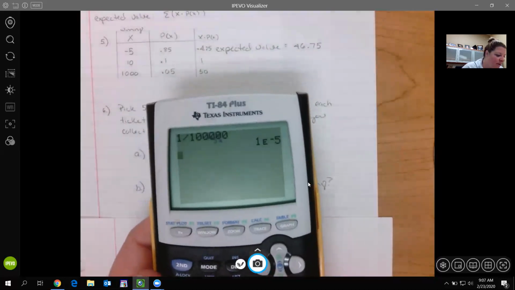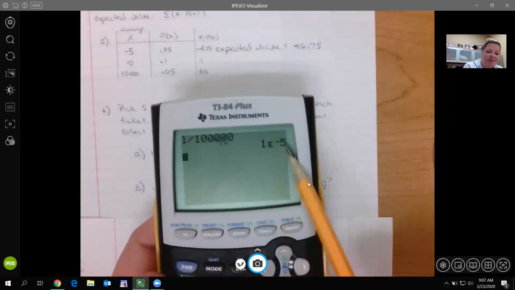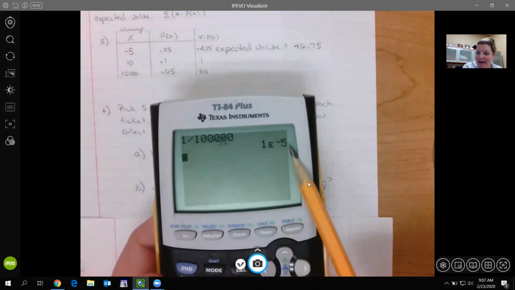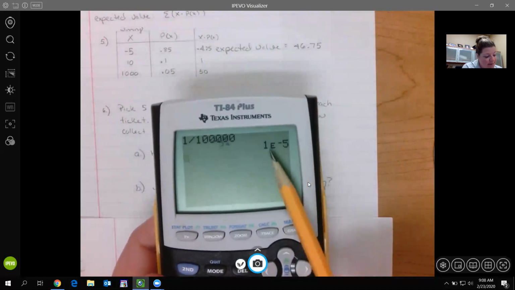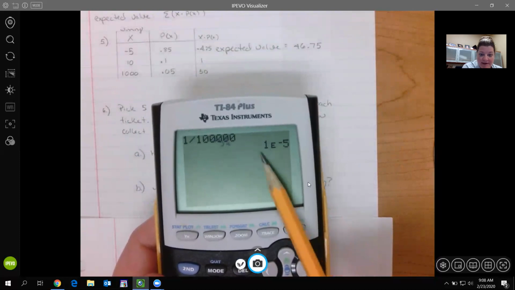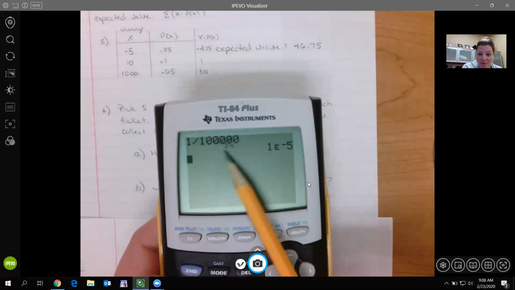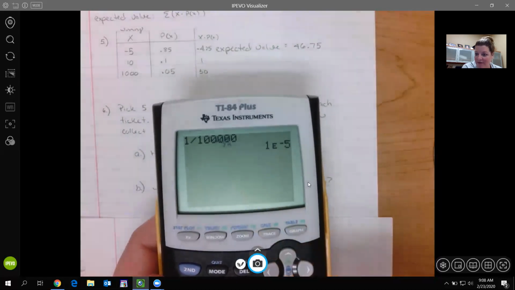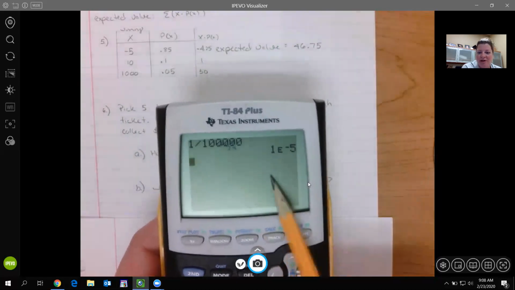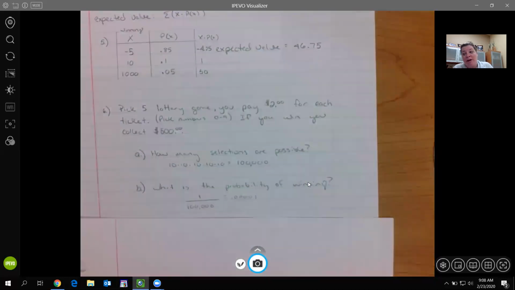So it's the number 1, moving the decimal -5, so 5 places to the left, and the decimal's right here. 1, 2, 3, 4. I would need 4 zeros before the 1 to move it 5 places. So your answers might come up strange on your calculator too, and you can just move your decimal. However many places it's negative, it's to the left, positive to the right. Okay, so that's our probability of winning.